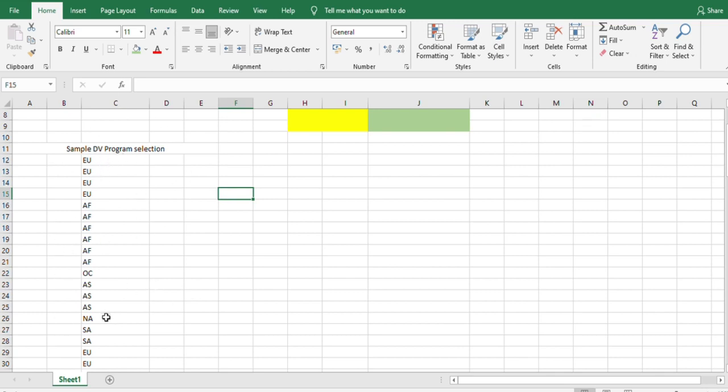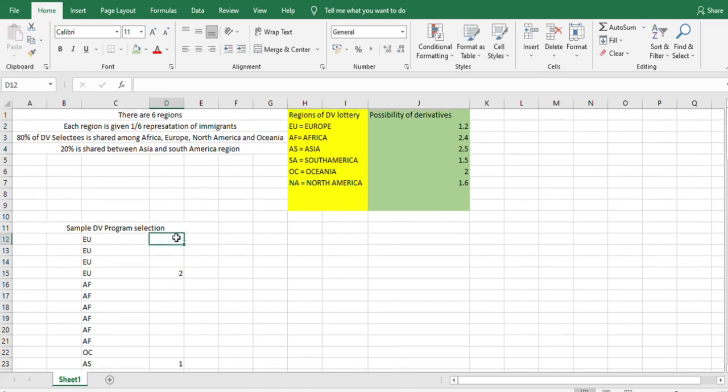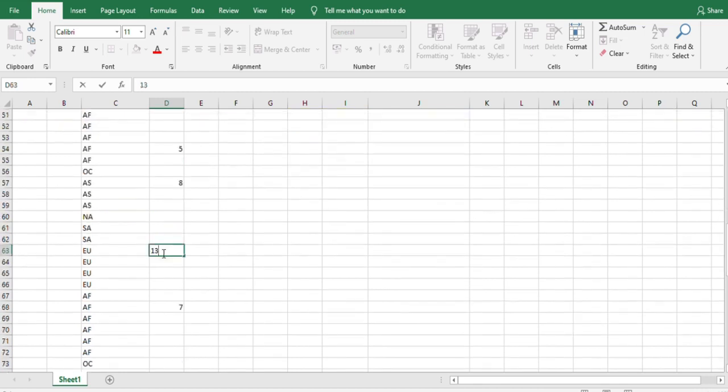Randomly, let's give this one number 1, and then number 2, then we go down: 3, 4, 5, 6. So we are issuing numbers randomly to the applicants.